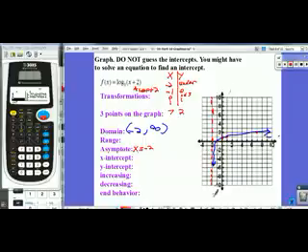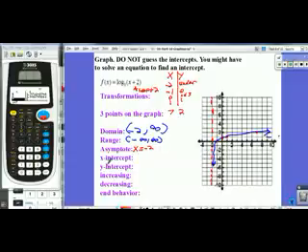My range for all of my logs, coming in from the bottom, negative infinity, and I leave going to positive infinity. So the range for all of my logs is negative to positive infinity. Remember we said for exponential equations, the domain was negative to positive infinity. Because exponentials and logs are inverses of one another, they swap domain and range.